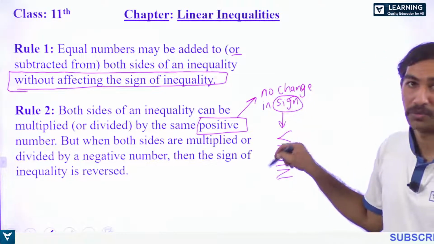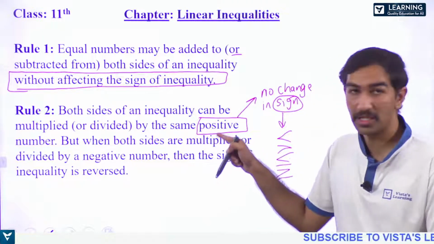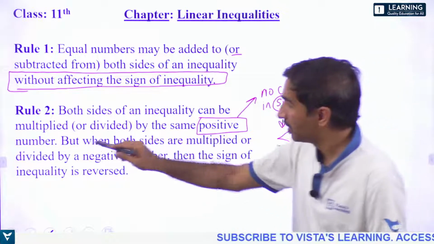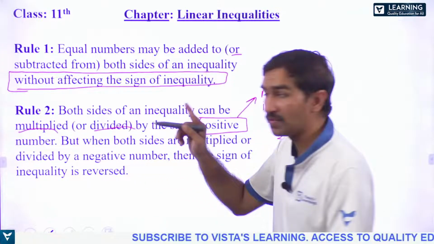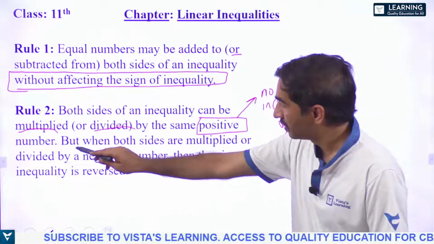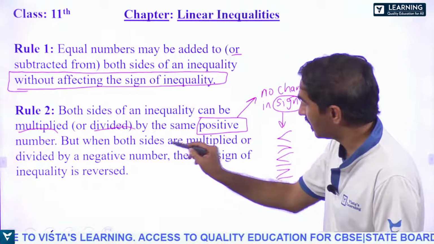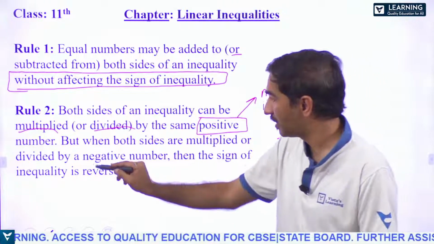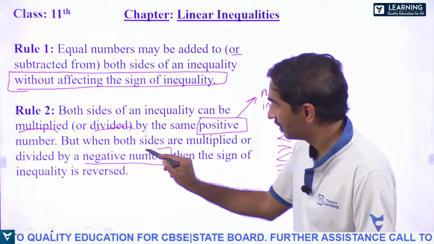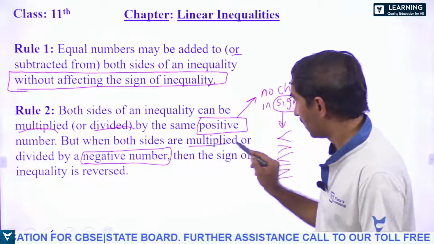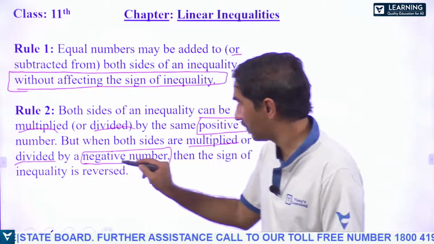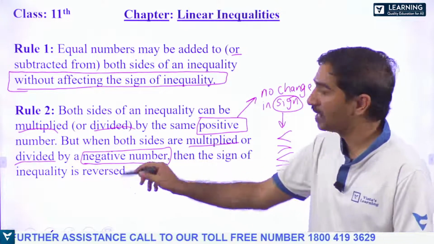No change in the sign if it is a positive number. But when both sides are multiplied or divided by a negative number, then the sign of the inequality is reversed.